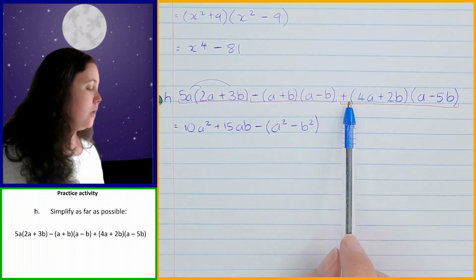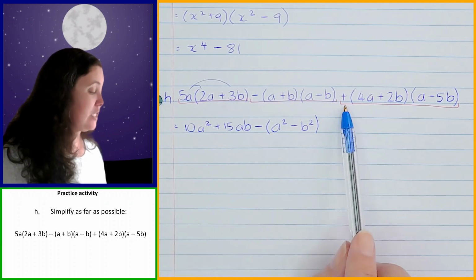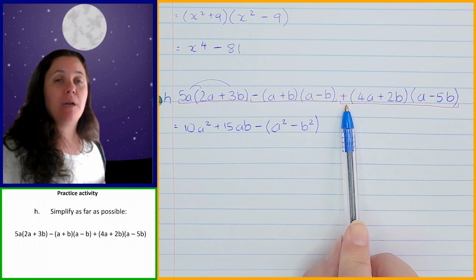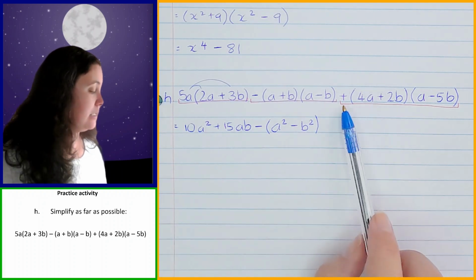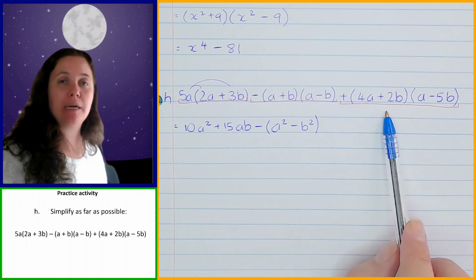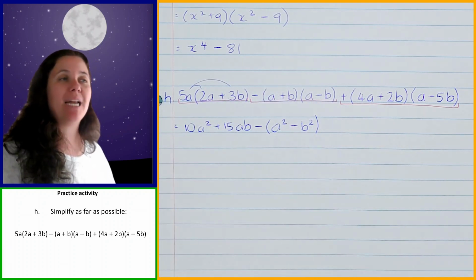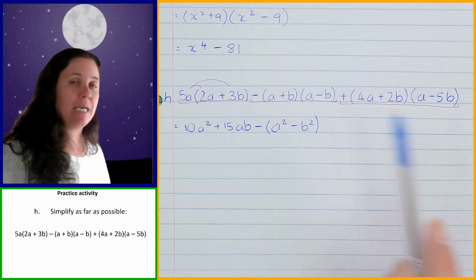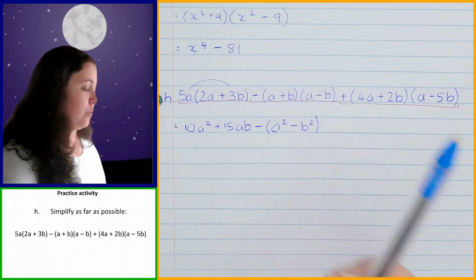So straight away, I can drop the brackets. I can only do that if it's just a plus. If there was a plus and a 2, or a plus and a variable, or a plus and anything else, I would have to still keep this in brackets and then multiply in afterwards. Or if it was a minus, or a minus and anything else, I would need to keep it in brackets and multiply it in afterwards. But because it's just a plus, I can drop the brackets straight away.